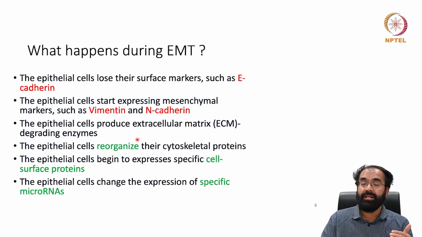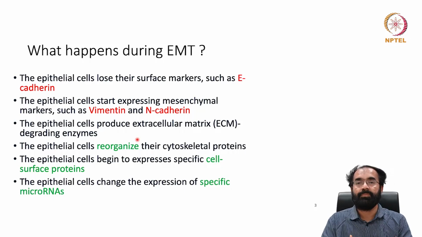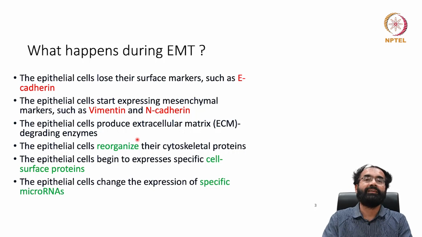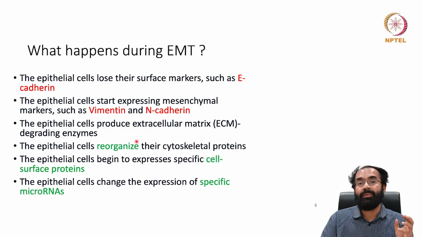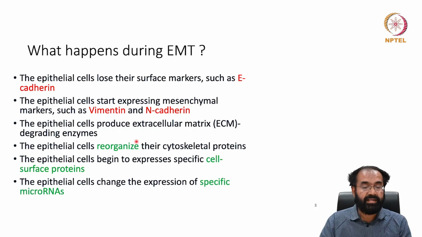Many of these, like matrix metalloproteases, will chop off the extracellular part of the cadherin, E-cadherin, so that it will be blunt. It is not going to have any interaction, because if the leg is broken, nobody can think of walking. In this case, you break the leg, that is break the E-cadherin, and the cell can smoothly migrate. So the epithelial cells produce lots of matrix degrading enzymes to facilitate these events.